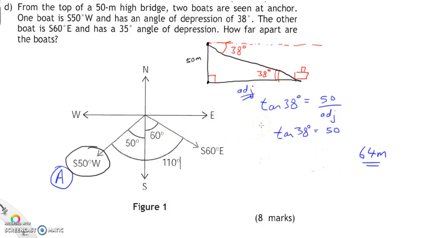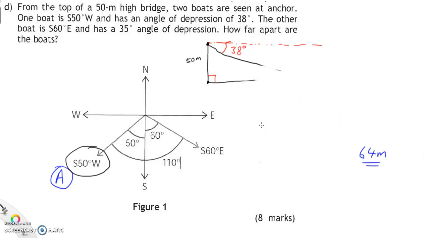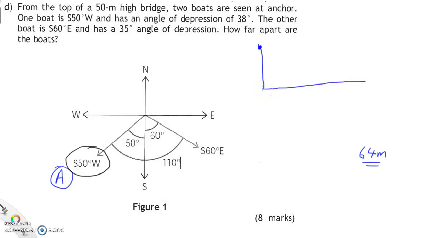Just going to make some space now, and we'll do a similar procedure for boat B, the other boat. Again, standing on the top of the pier, it's like being at the top of a right angle triangle. We're standing here, and the water's down here.